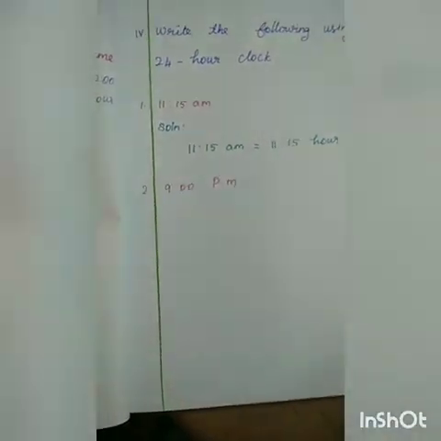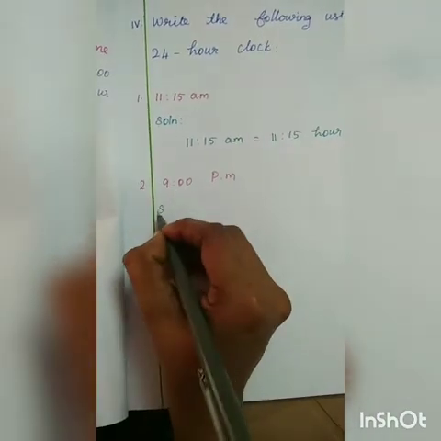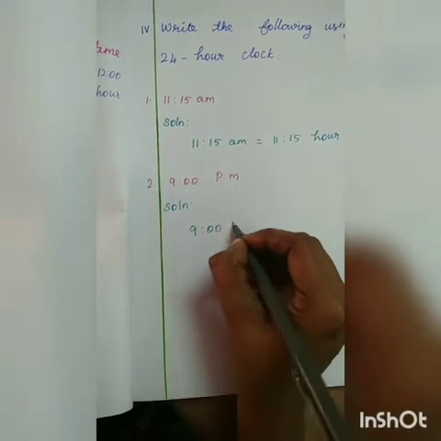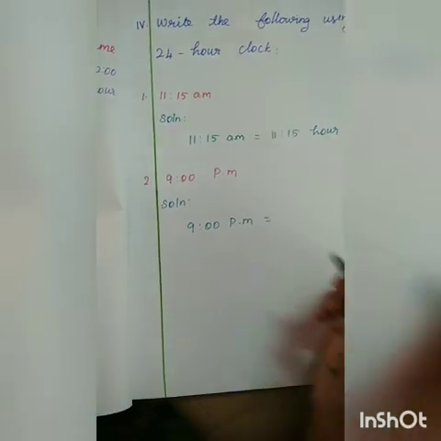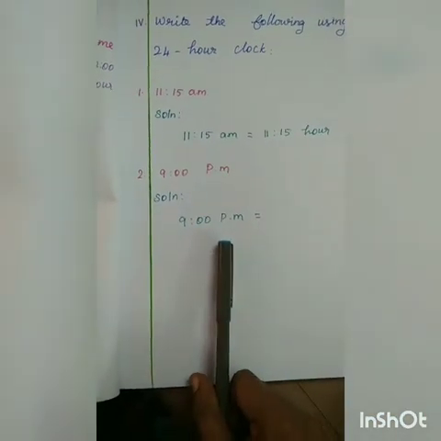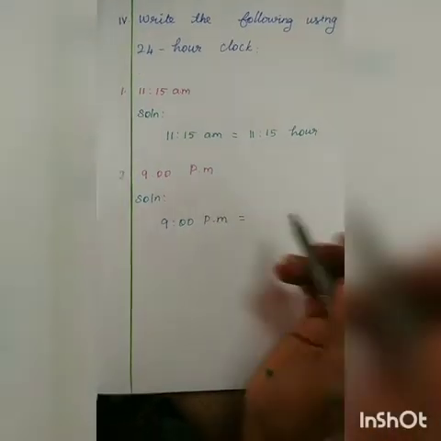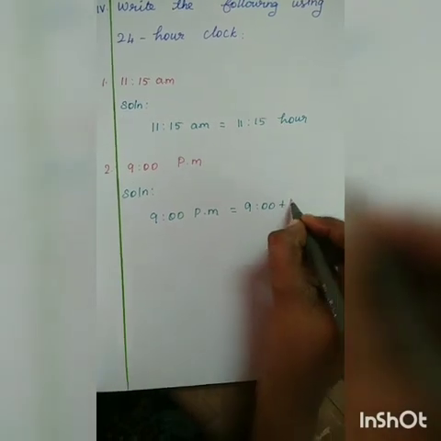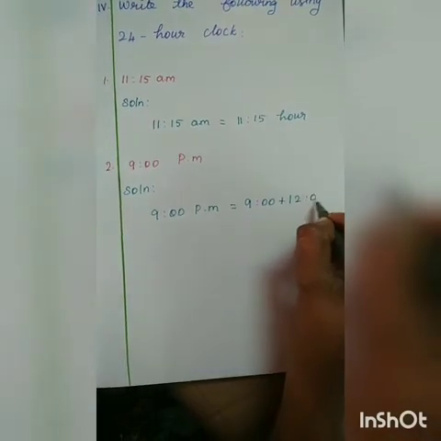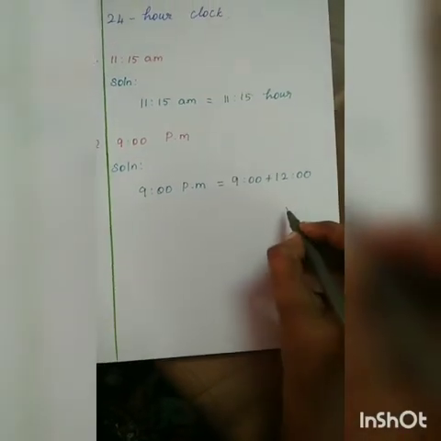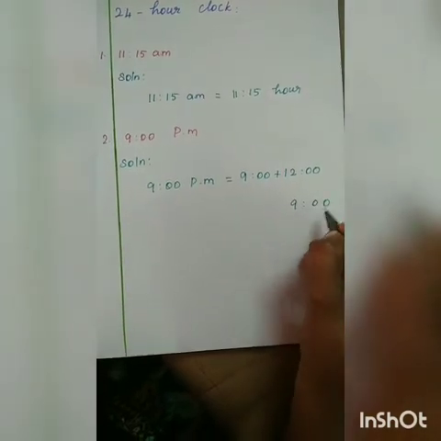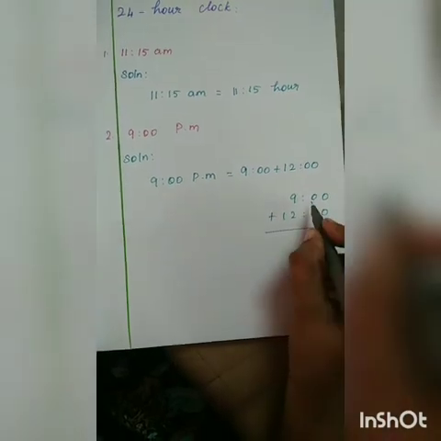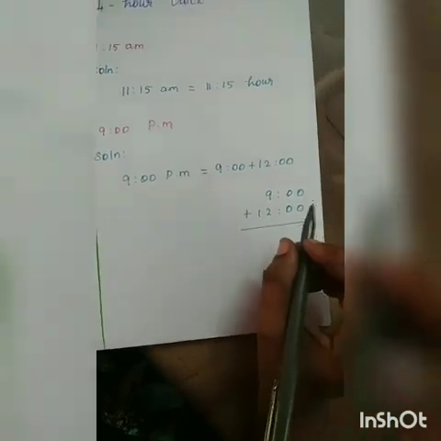Then second problem, 9 p.m. Solution: 9 p.m. is a 12-hour clock time. You convert to the 24-hour clock. This is a p.m. time, so you add 12. So 9 plus 12. First you add the minutes, then the hours.